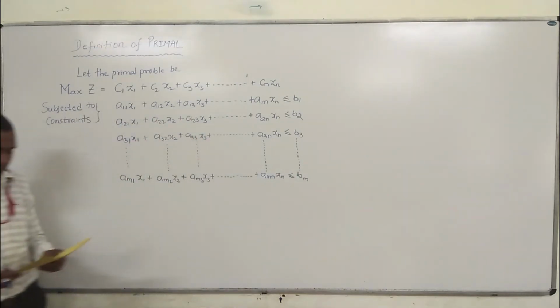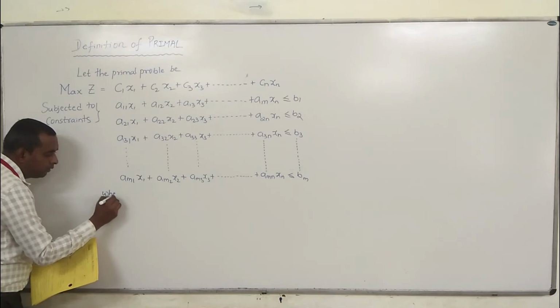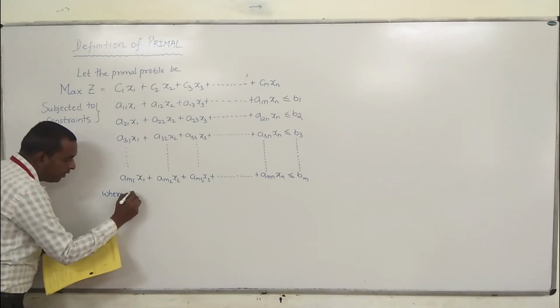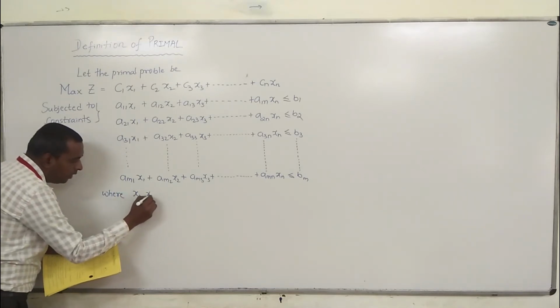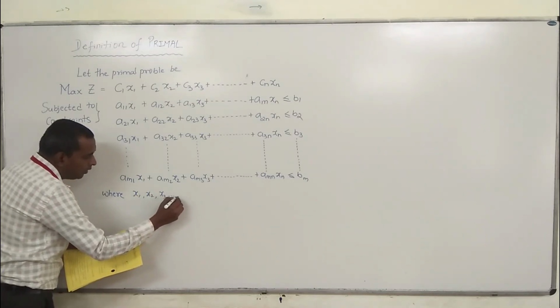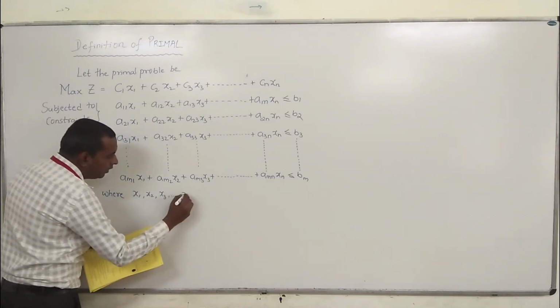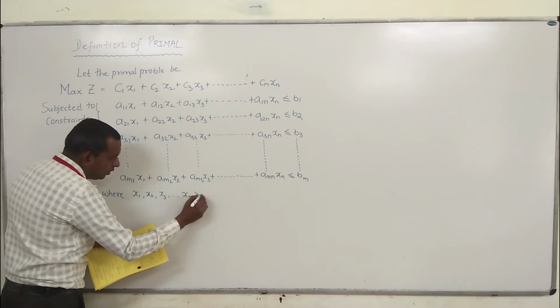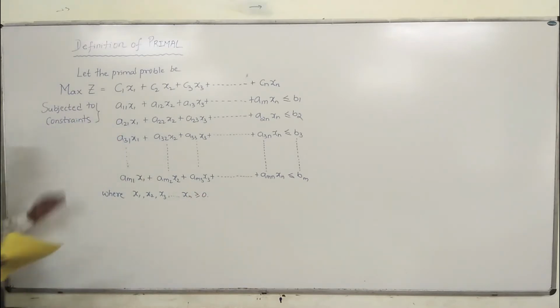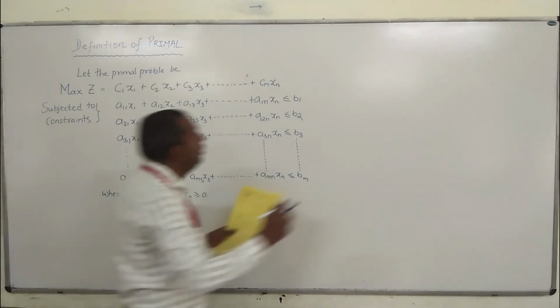So this is where x1, x2, x3, up to xn are greater than or equal to 0. This is the primal. Then how about the dual?